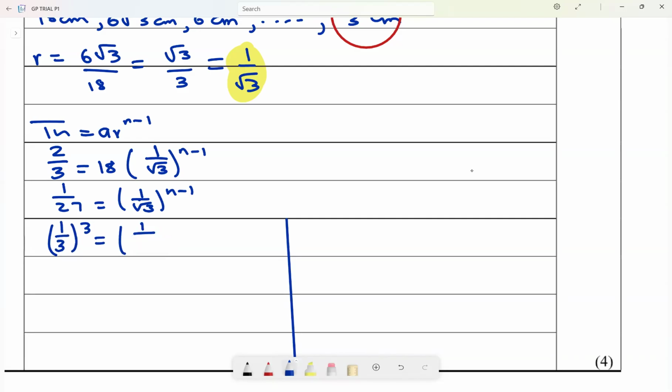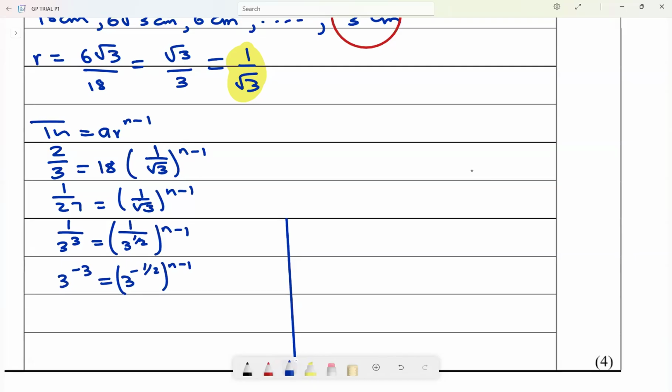Remember, this is 1 over 3, basically. Okay, let me do it like this. 1 divided by 3 cubed. 1 divided by, when I remove the square root, it is just the power of half. And then take the 3 to the top. And then take this to the top.